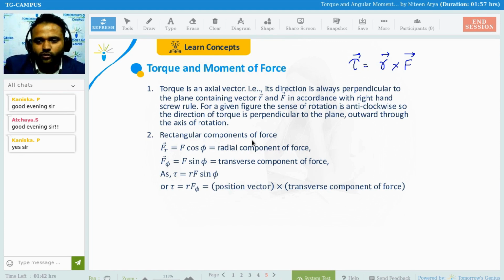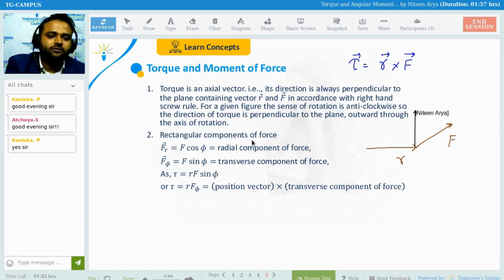If the force F is going in this direction and r is in this direction, then either perpendicular up or perpendicular down we get the torque, as simple as that. Clear, everyone?